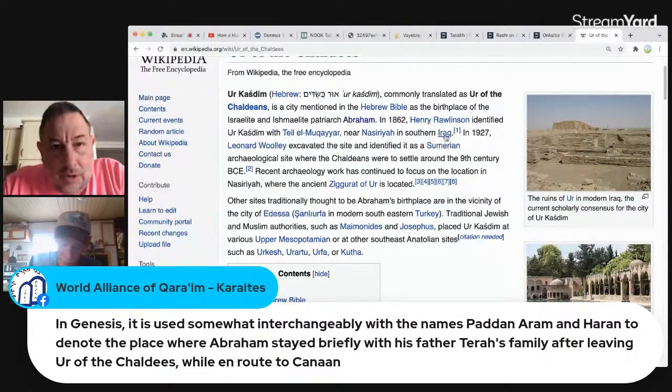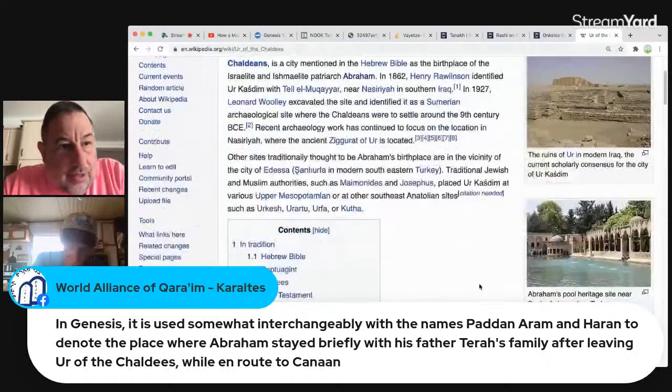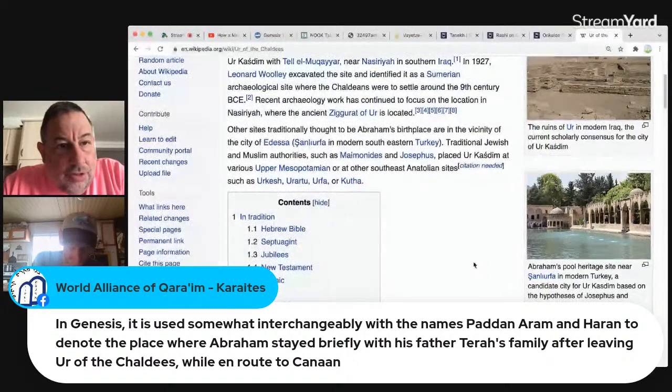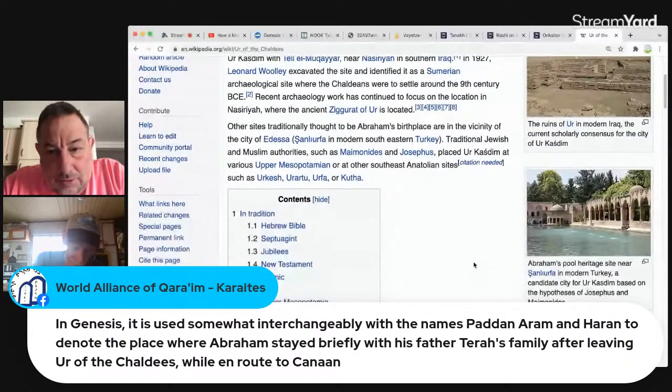In 1862, Henry Rawlinson identified Ur Kasdim with Tel El Muqayyar near Nasiriyah in southern Iraq. In 1927, Leonard Woolley excavated the site and identified it as a Sumerian archaeological site where the Chaldeans were to settle around the 9th century BCE. Recent archaeological work has continued to focus on the location in Nasiriyah, where the ancient ziggurat of Ur is located.